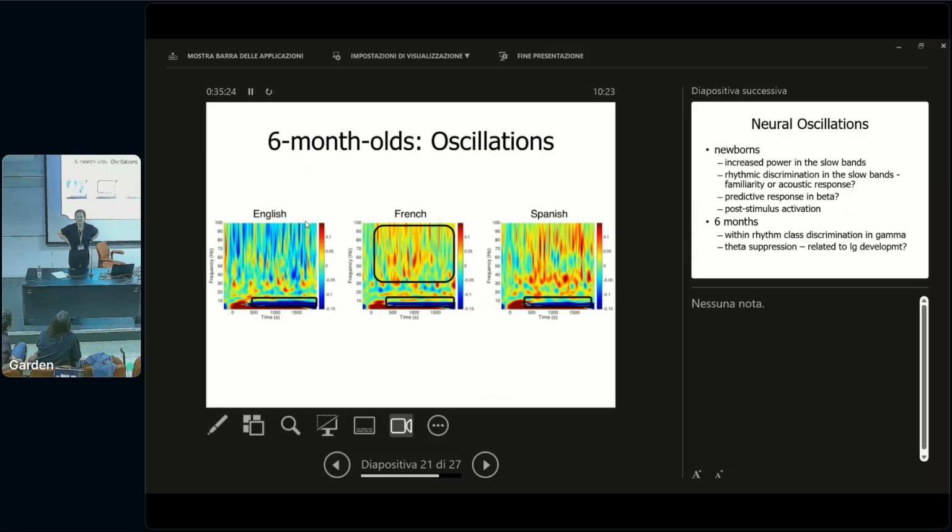I would think this is so. For example, the envelope tracking data, just the fact that there is tracking across the board, at least phase tracking for all languages, strongly suggests that this is not a language-specific phenomenon; it's an auditory phenomenon.